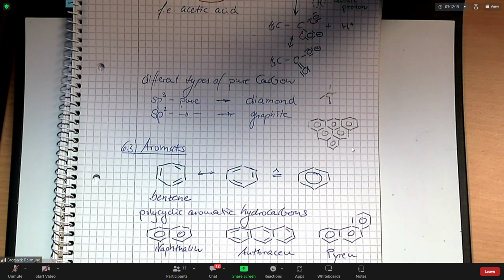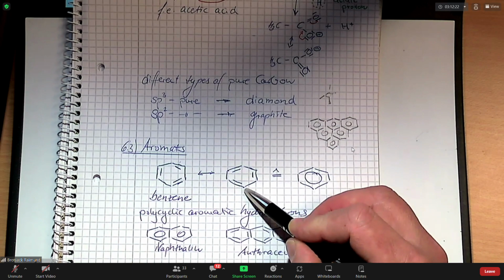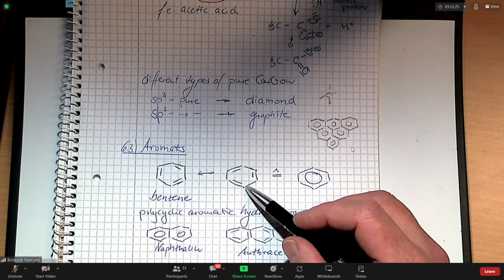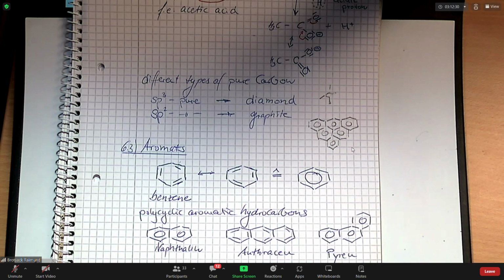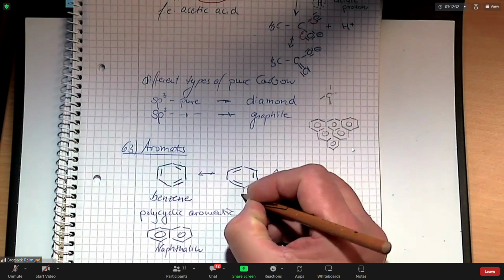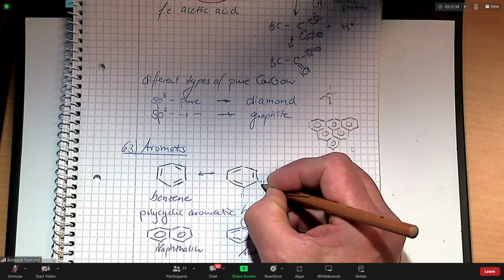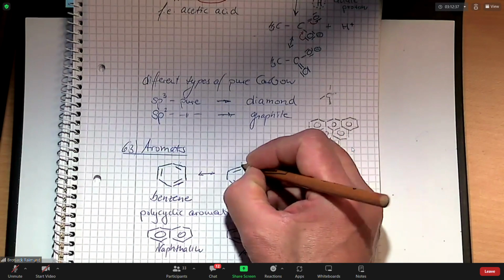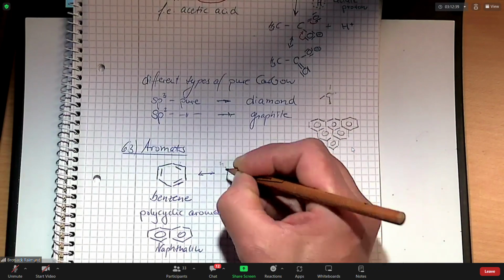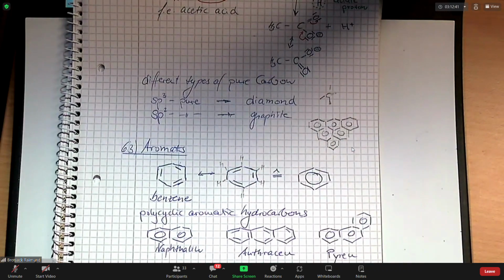It is a planar structure because each carbon is sp2 hybridized, and the surrounding is trigonal planar. Trigonal because here, of course, we always have a fourth partner. We just don't know it, because in the short notation it is not drawn, but in reality we have a hydrogen additionally on all positions, we need a fourth partner.